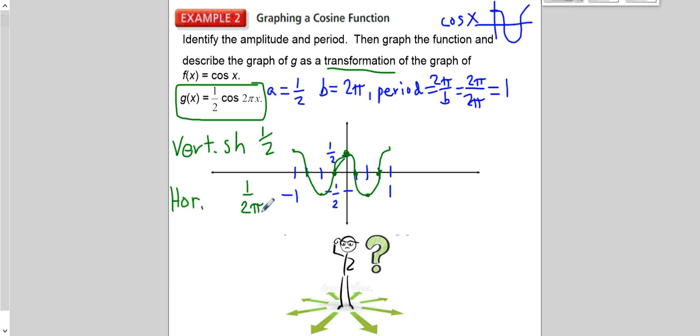Pi is 3 something, so that's about 1/6. That's less than 1, so that is a horizontal shrink. So we shrink it horizontally and we shrunk it vertically. Vertical shrink by 1/2, horizontal shrink by 1 over 2 pi. And that's example 2. I hope you're thinking real hard and following along.